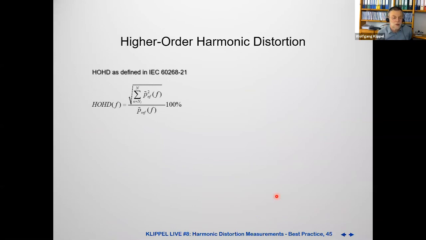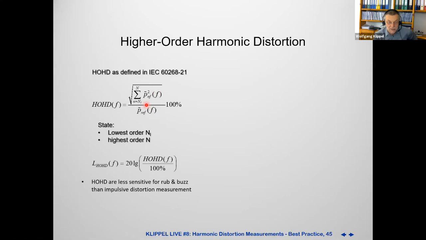So here you see the definition from the IEC standard. We are summing up the higher order harmonics based on an energetic measure, the squared, starting at a user-defined order, NL, usually 10 or 6 or something like that, and referring it again to the total signal or to the mean value or something like that.